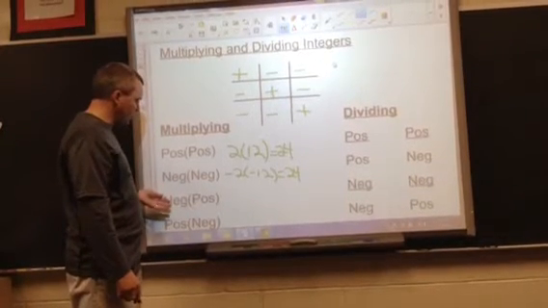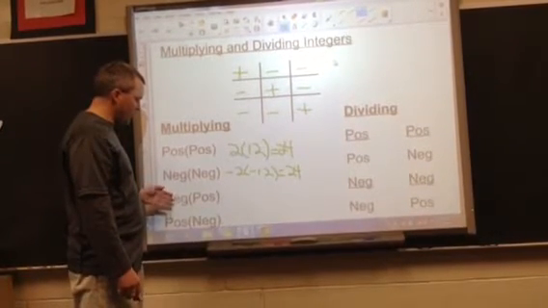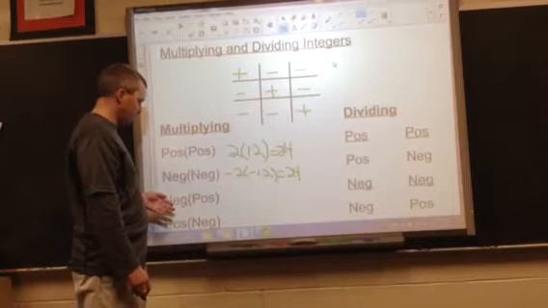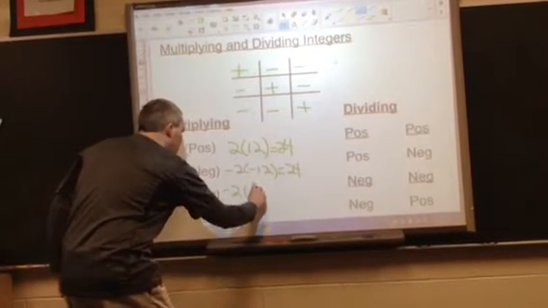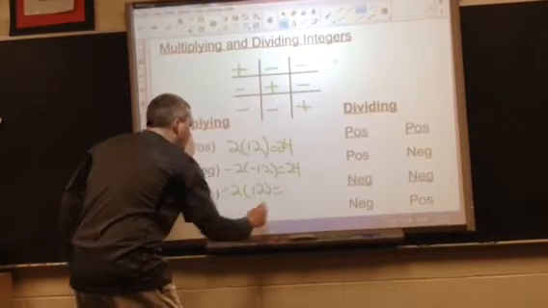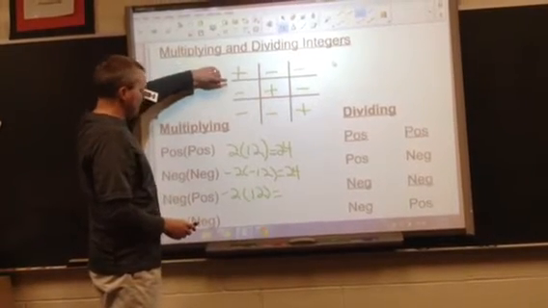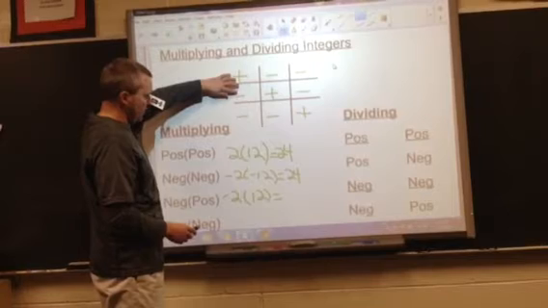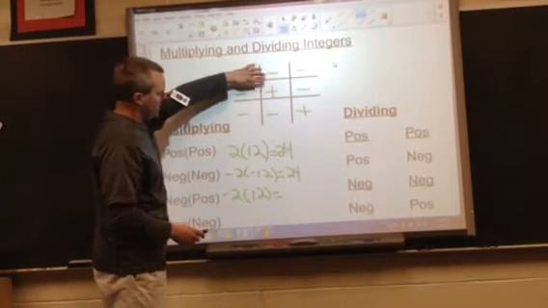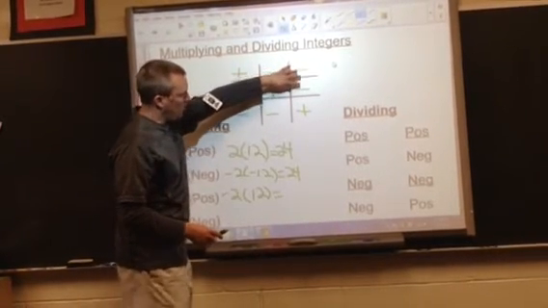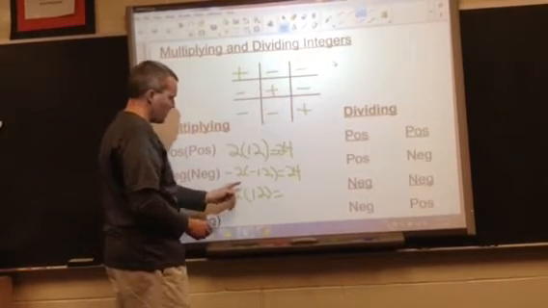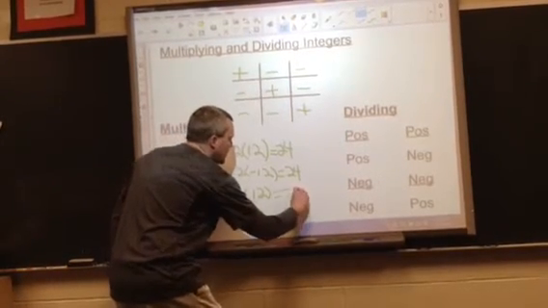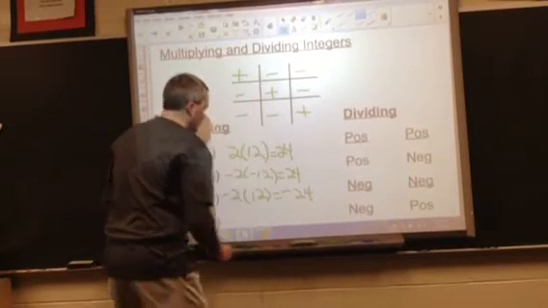Now for an example, if the numbers have different signs. Let's consider negative 2 times positive 12. If you will look at the middle line of the tic-tac-toe board, a negative times a positive will always give you a negative answer. So negative 2 times positive 12 equals negative 24.